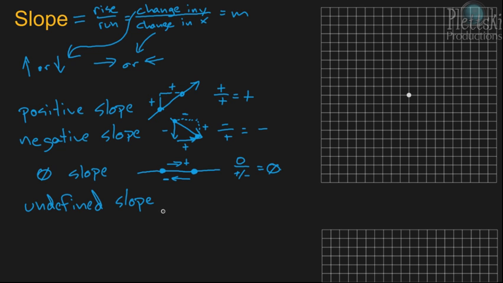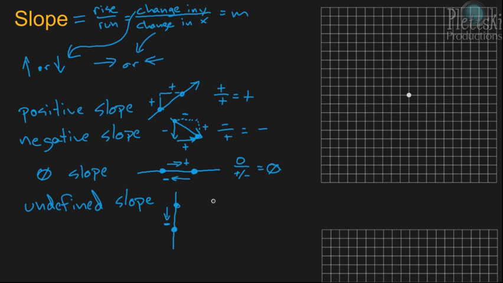Now, an undefined slope, you can probably guess what this is going to be. It's going to be a vertical line. A vertical line is going to be undefined. And the reason why is if you pick 2 points on that line, and let's start at the top one and go down, your change in y would be negative if you go down.